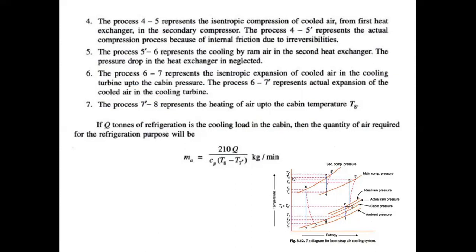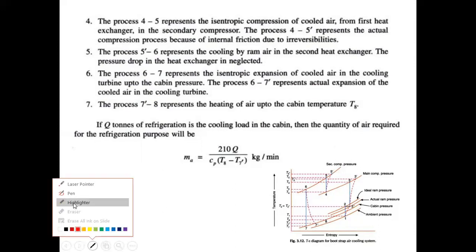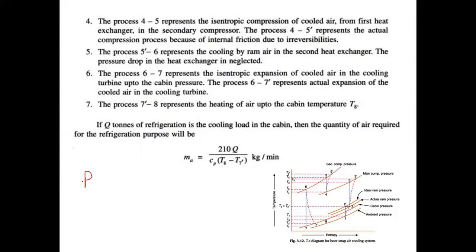Okay, so we again have to find out the mass of the system by using the formula: refrigerating effect is equal to ma into Cpa into T8 minus T7 dash.